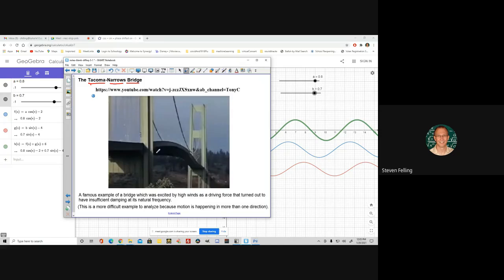It took about an hour, and then finally the bridge completely destroyed itself. If you're interested in seeing the video of this, there's some old black and white video and some color video at this link. You can explore that. Of course, engineers, especially with computer-based modeling now, are very good at testing all frequencies at different levels to make sure that their systems don't exhibit behavior like this.